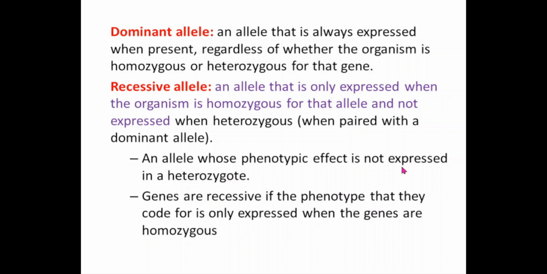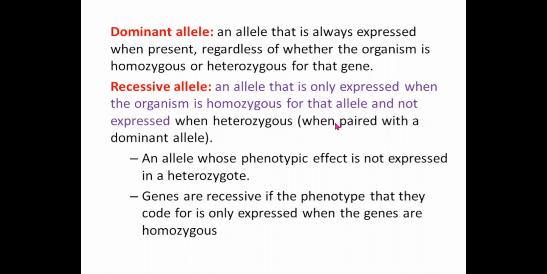Dominant allele: from this name, it dominates the other allele. So it is an allele that is always expressed when present. When it is there, it will be expressed, regardless of whether the organism is homozygous or heterozygous for that gene. A recessive allele is an allele that is only expressed when the organism is homozygous for that allele, and not expressed when heterozygous, when paired with a dominant allele.